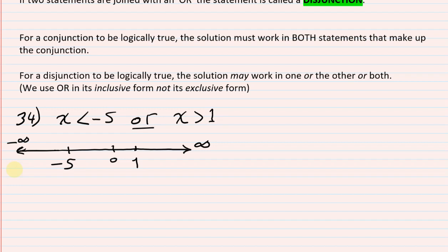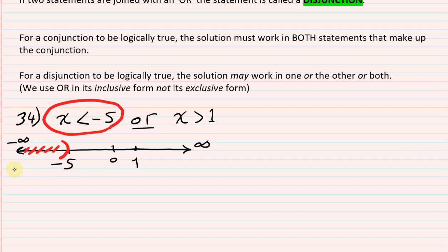The first part of the inequality says x is less than -5. Less than -5 means everything to the left of -5, and we do not allow -5 itself. It's not part of the solution. So we use a parenthesis.